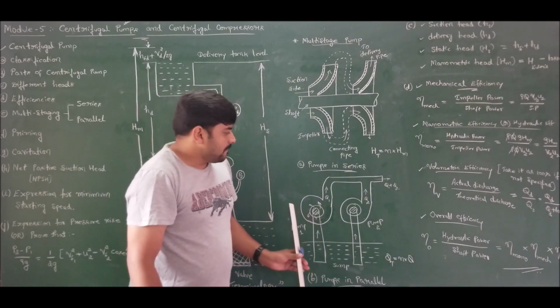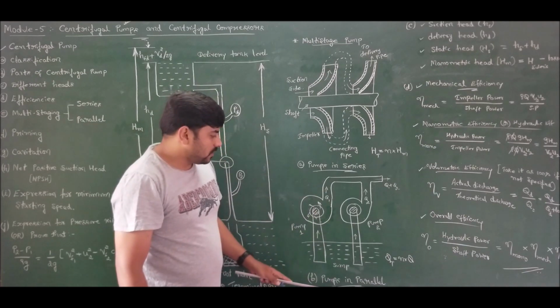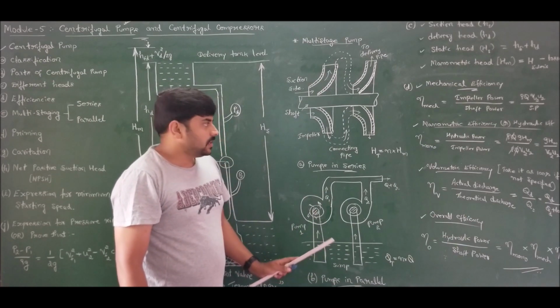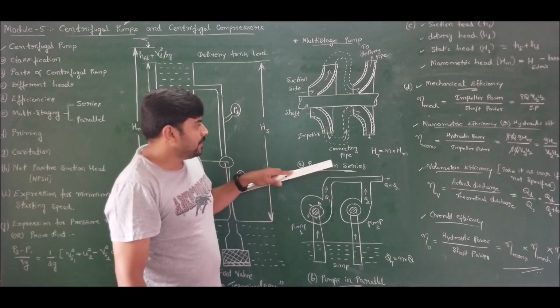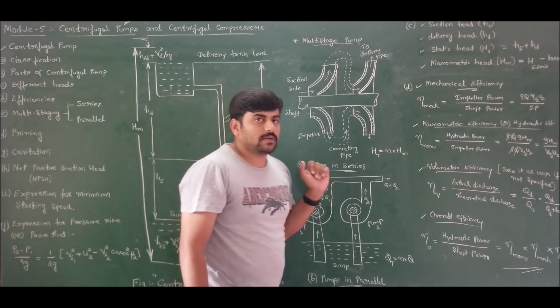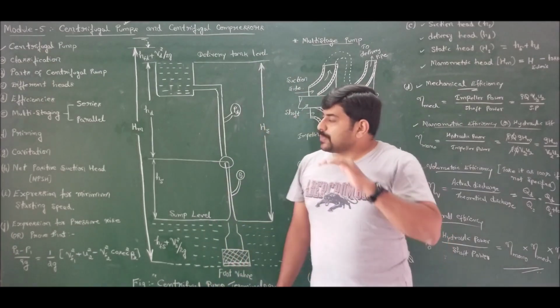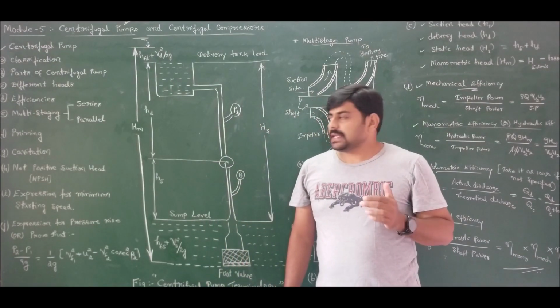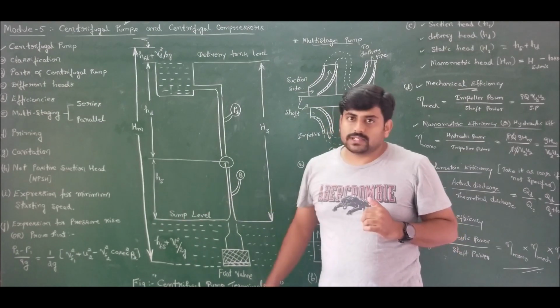So if you want high discharge, you should go for pumps in parallel. If you want high head, then you go for pumps in series. So this is about multi-staging of centrifugal pumps. Let me pause this video for a while so that you can note it down. Later we will move forward.